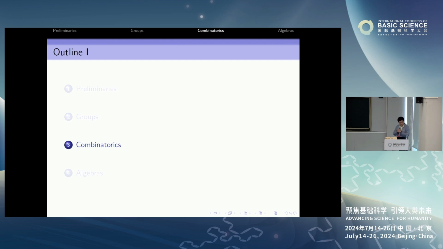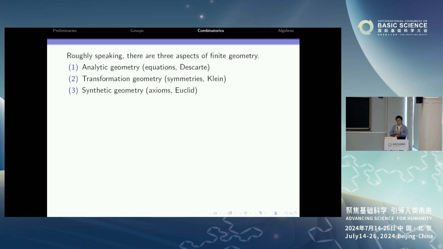Okay, we will come to an overview of applications of finite classical groups in the study of finite geometry, in the sense of the degree of symmetry they demonstrate.